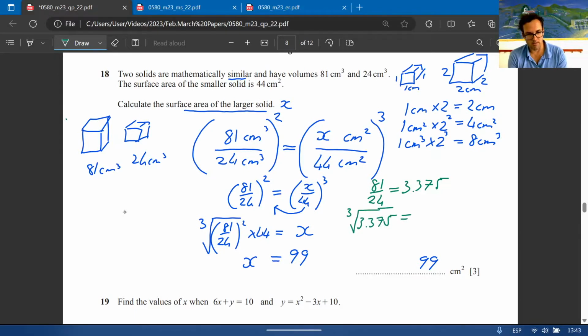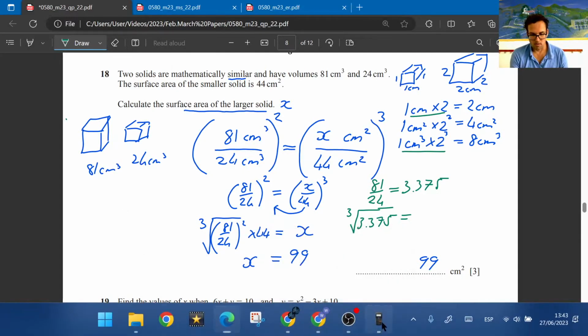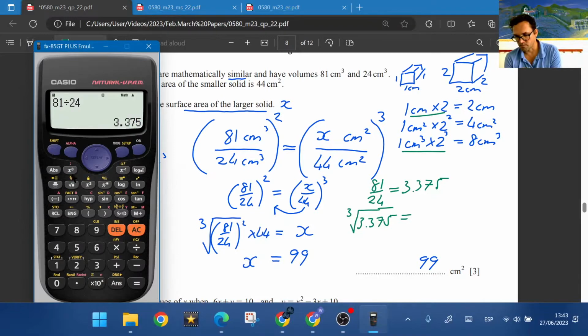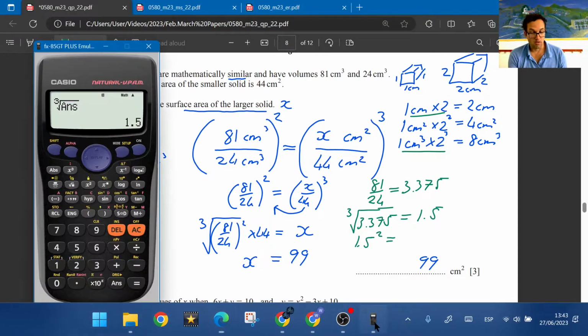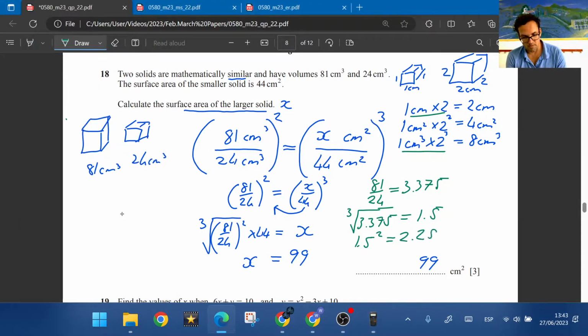See, we're now going from here to there. Cube root my previous answer. That means the linear scale factor is 1.5. That means if we square that, we get the surface area scale factor, which is 2.25.